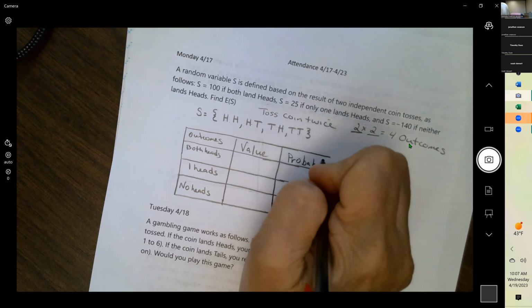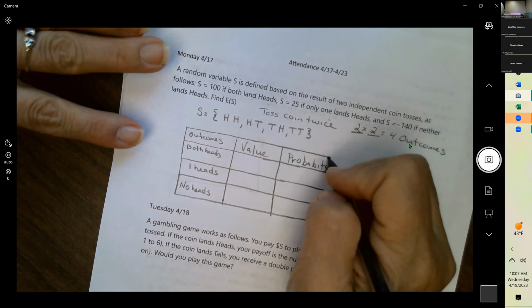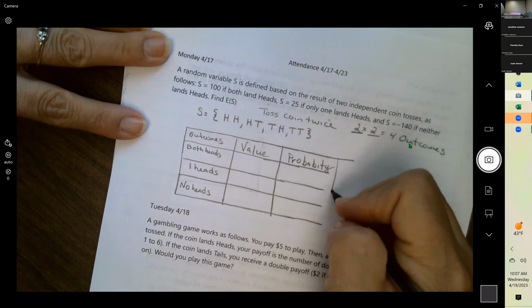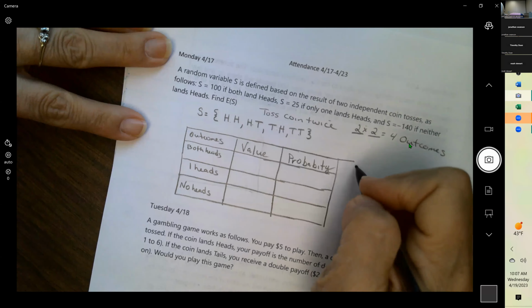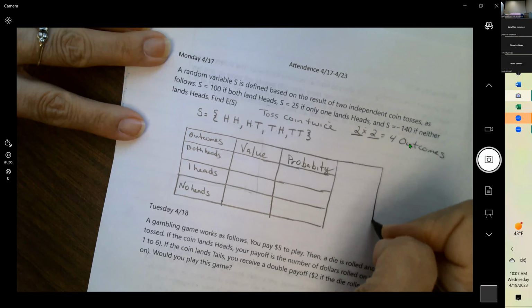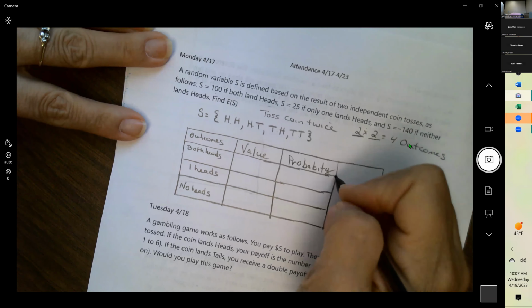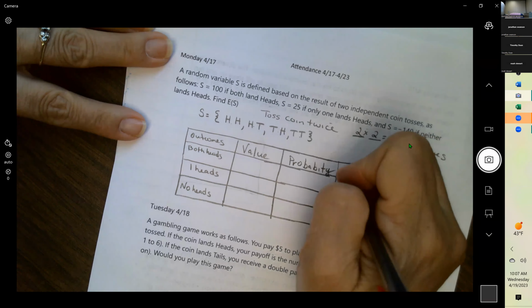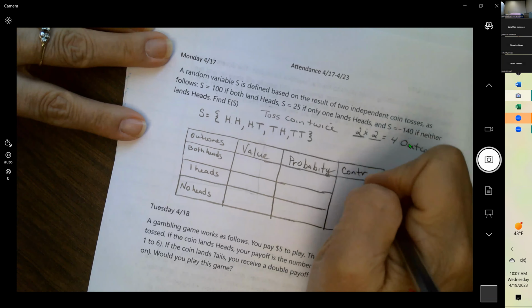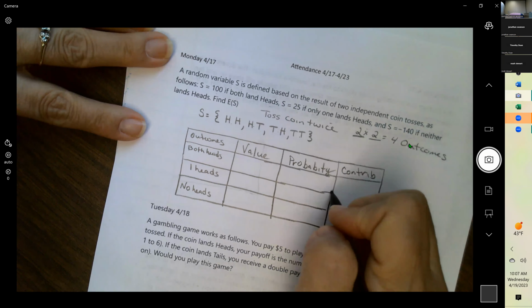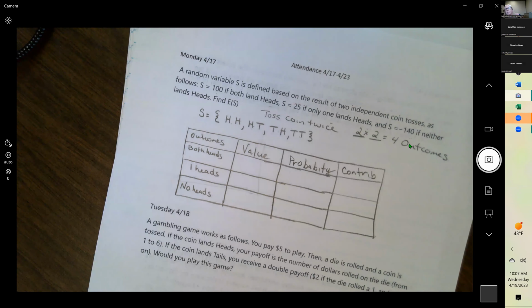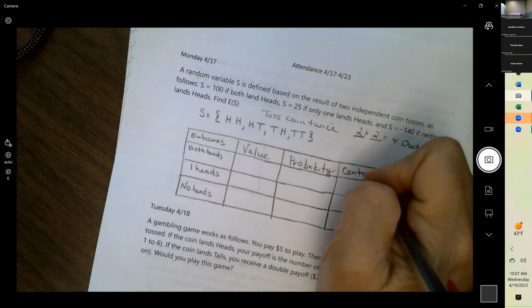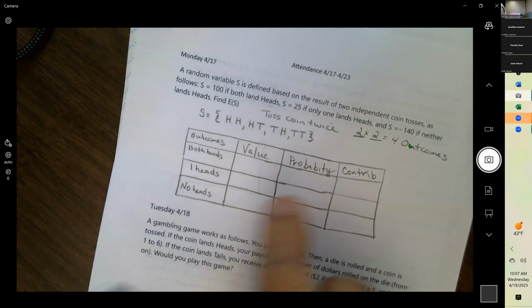Now the book also did contributions next to it. If you want, you can, or you can just write it in your equation. This is contributions.